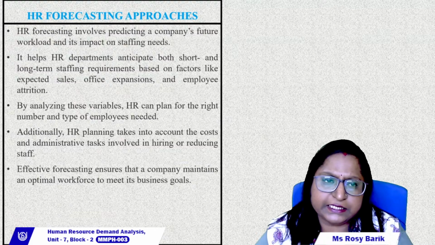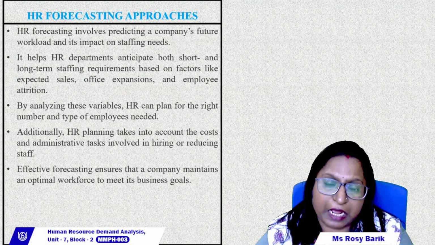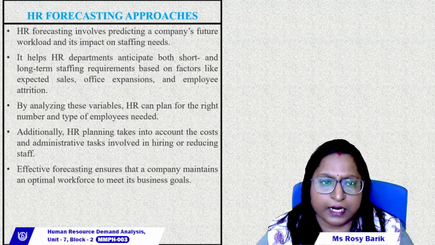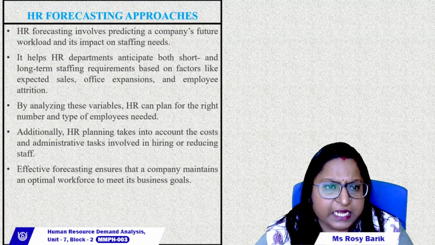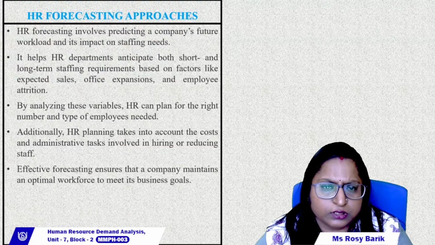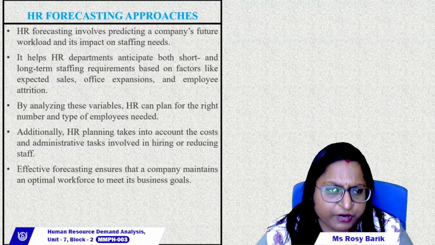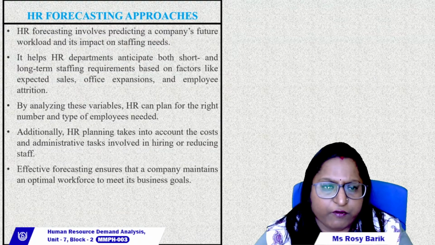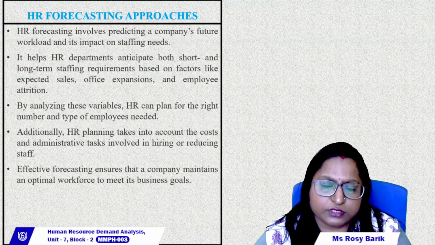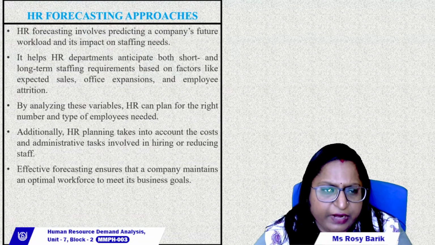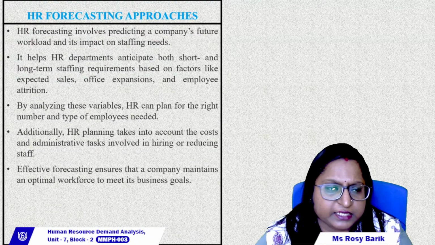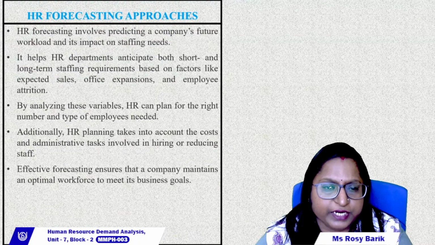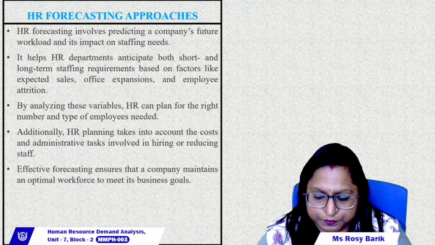By analyzing these variables, HR can plan for the right number and type of employees needed. Additionally, HR planning takes into account the cost and administrative tasks involved in hiring and reducing the staff. Effective forecasting ensures that the company maintains the optimal workforce to meet the business goals.